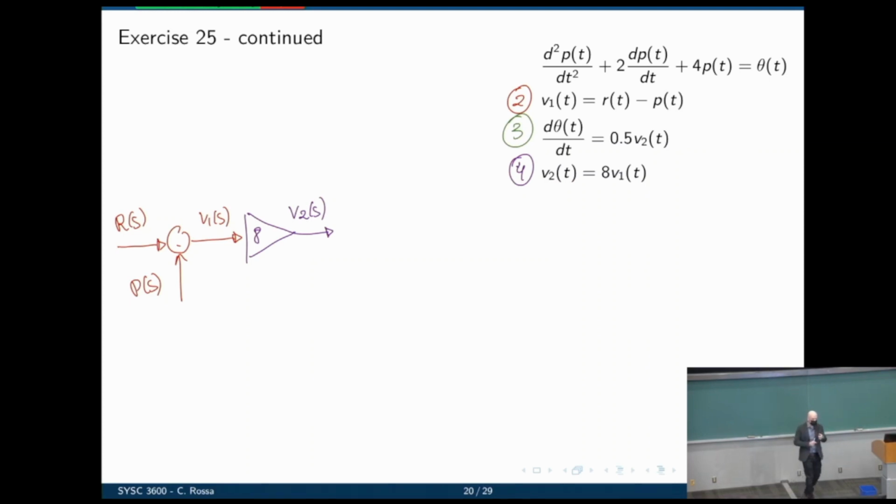So if I multiply V2 by 0.5, what do you get in the output? What is the output there? Is the derivative of the motor shaft position, which is d theta dt, or theta s times s, right, in the frequency domain.